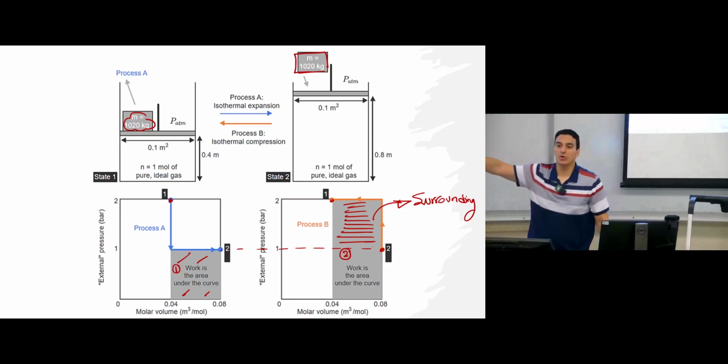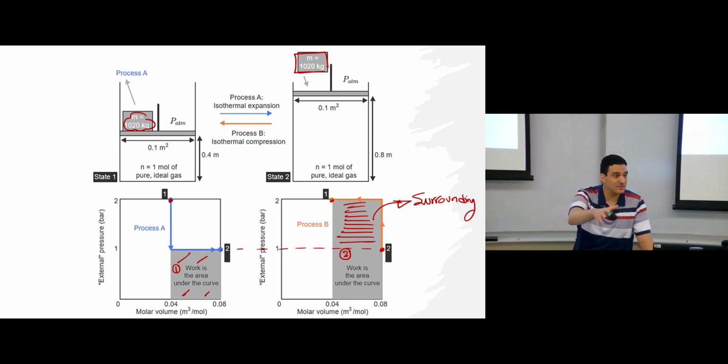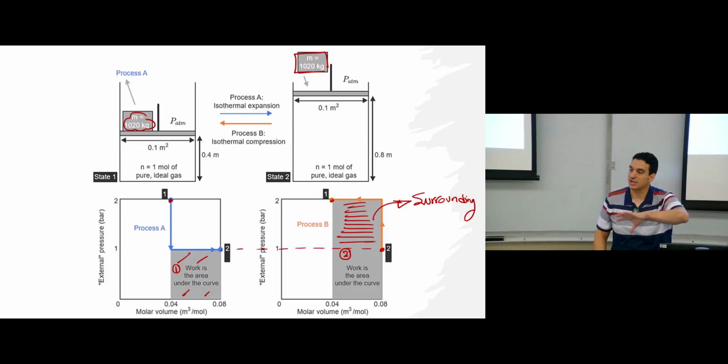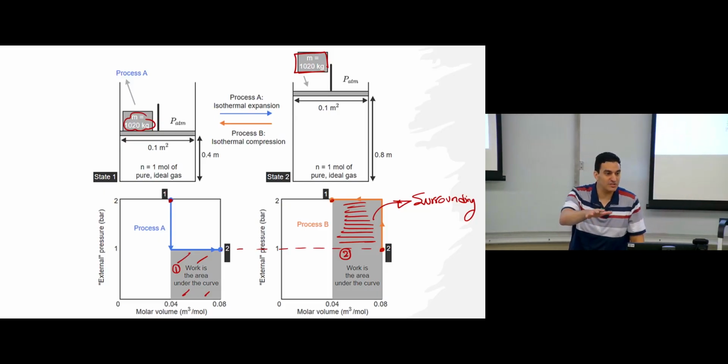So the surrounding will be affected because we have some energy difference between the first process, compression, and the second process, expansion. This energy will influence the surrounding, so you can observe changes happen to the surrounding. So this is why this is an irreversible process. It happens very quickly, it takes less amount of time.